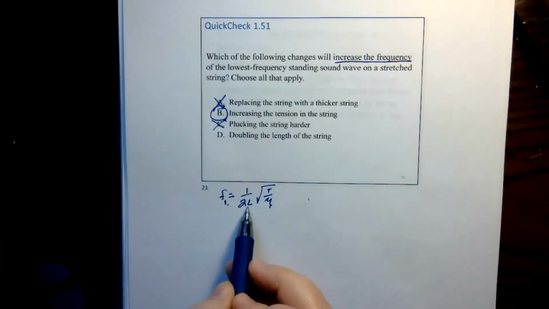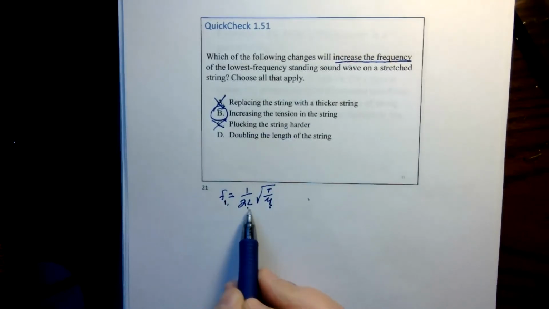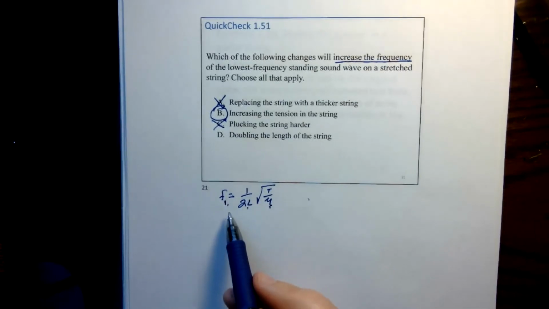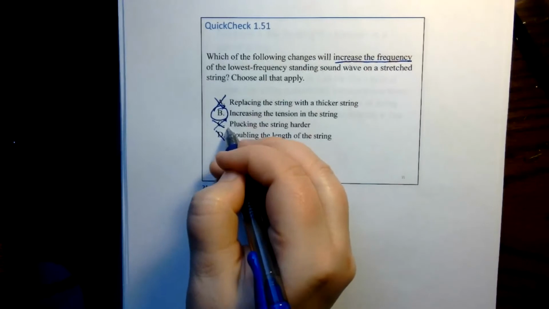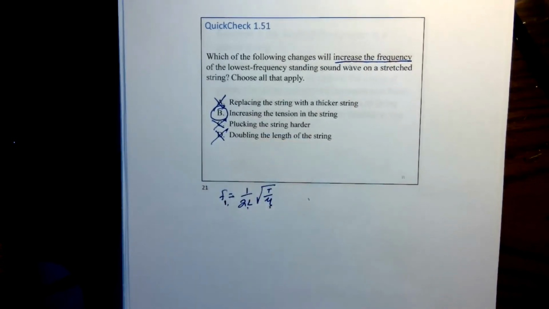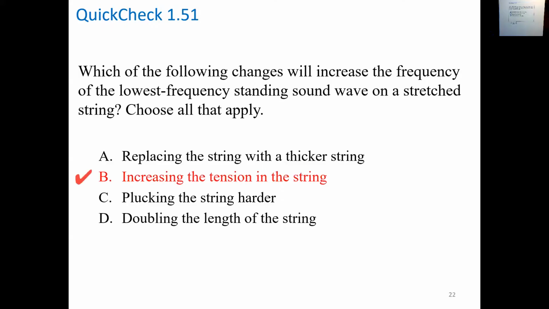If we double L, then we get 1 over 2, which means our frequency is half as large, the opposite of increasing it. So D is not true. That means the only answer is B. And sure enough, our answer is B.